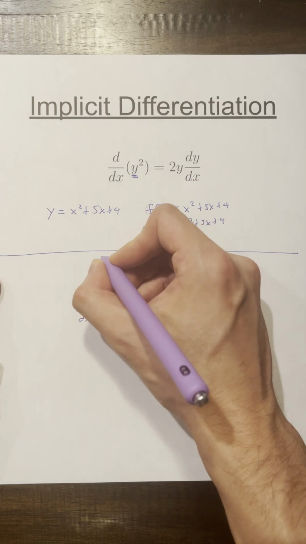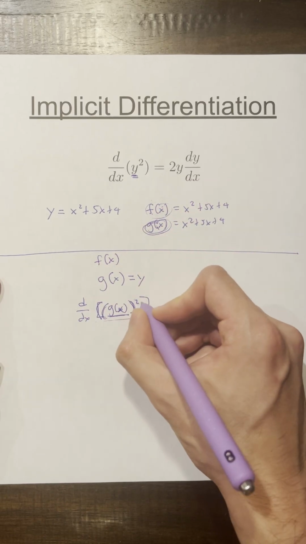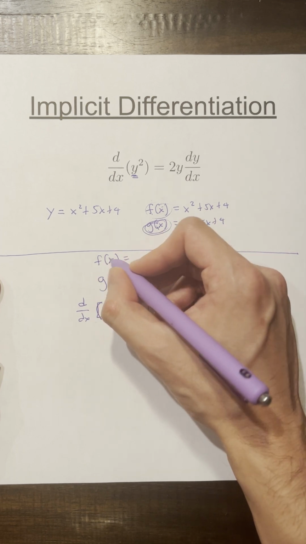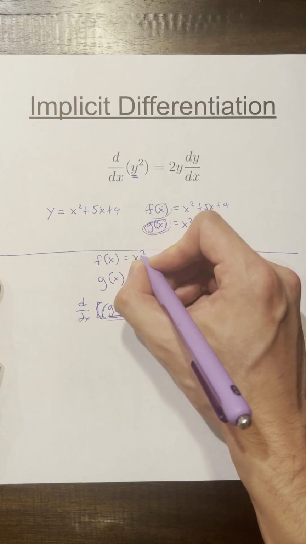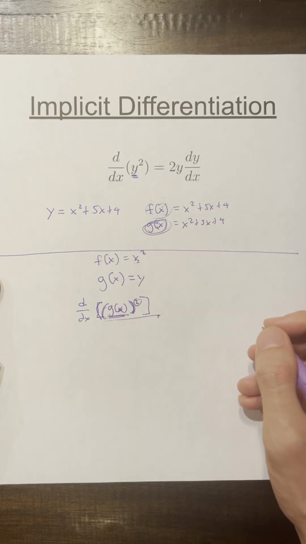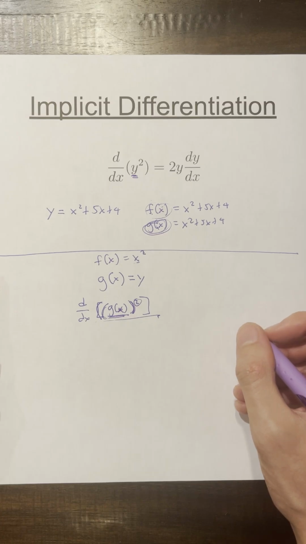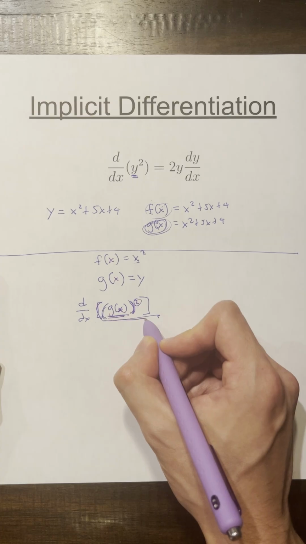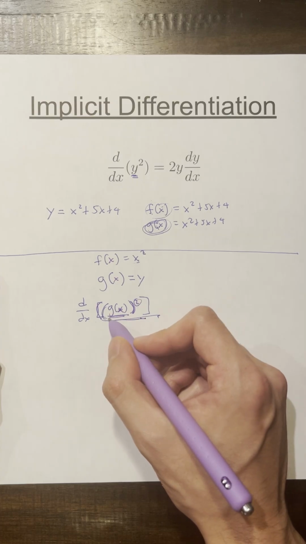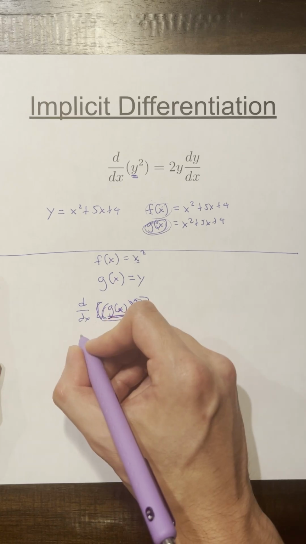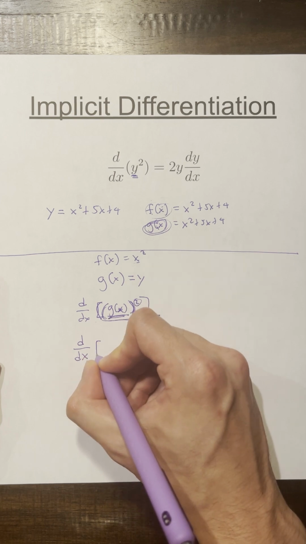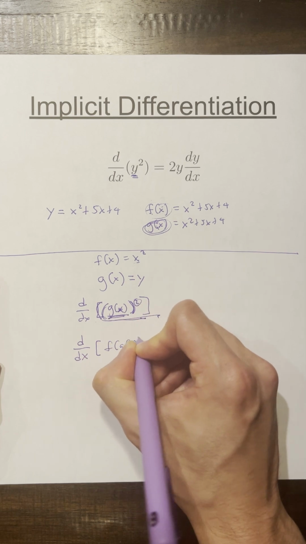So this function involves squaring the input. So I'm gonna say f of x is x squared. We're squaring the inputs. Okay. So if I go over here, it's the same thing as asking for d/dx of f of g of x.